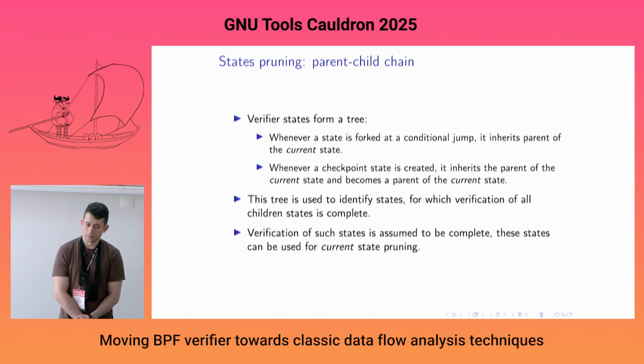The idea is that when all children of some state have been verified, it means that the state leads to program exit, and we can assume that this state is correct. When we can assume this, we can use it in the comparison mechanism when we are looking for a super state for the current state.